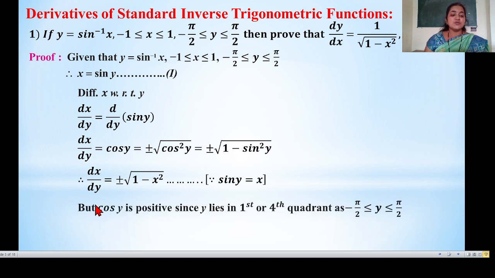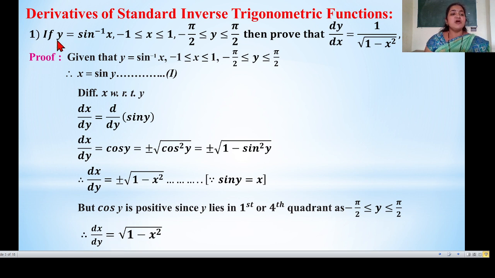But cos y is positive, because y lies between the first and fourth quadrant. Therefore the cos y value is positive, so we can take only the positive sign. So dx by dy is equal to square root of 1 minus x square.